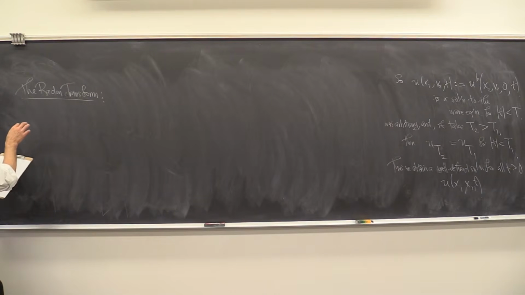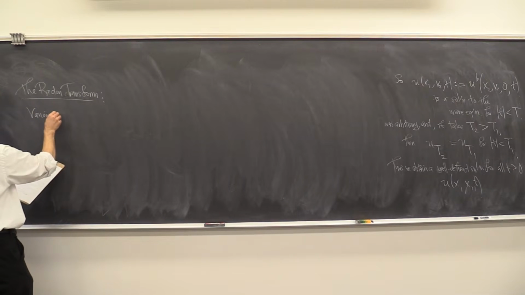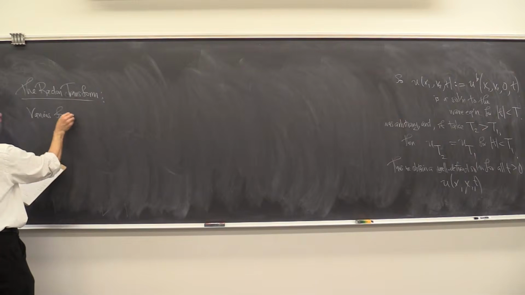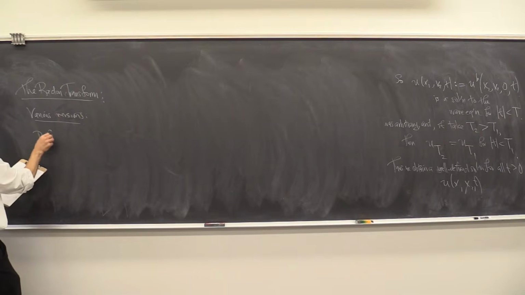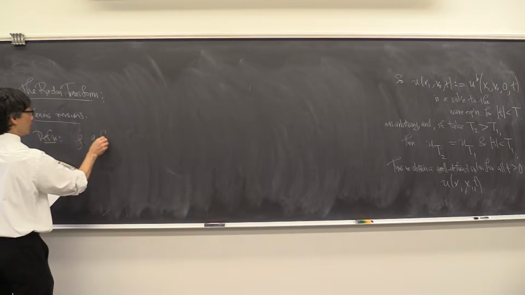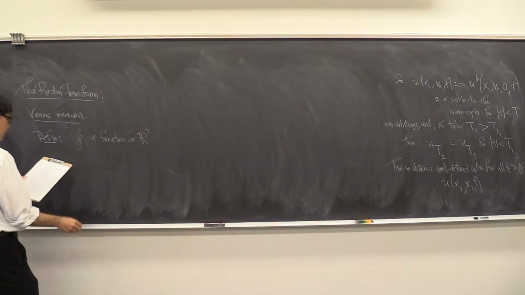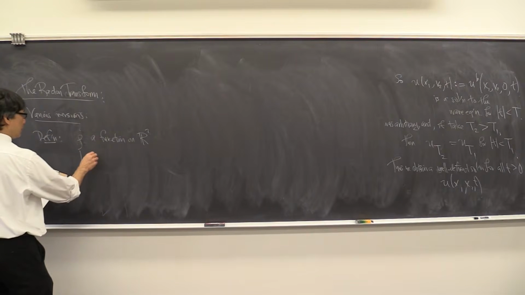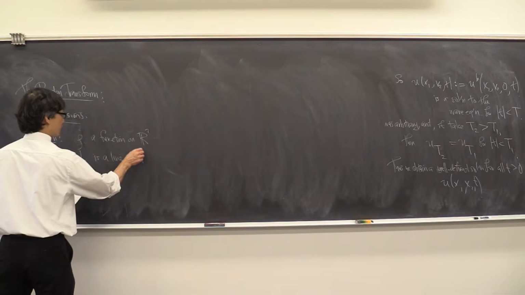Okay, so first, we introduce various versions of the Radon transform. First one: you have some function rho on the plane, and L is a line in R2.